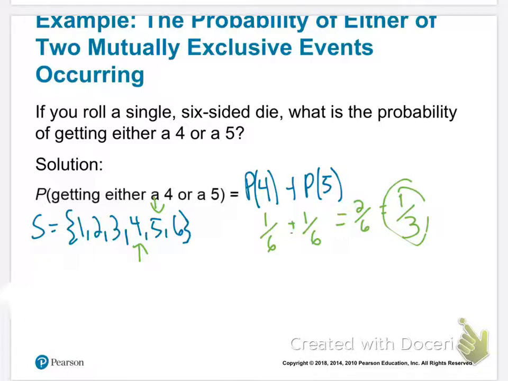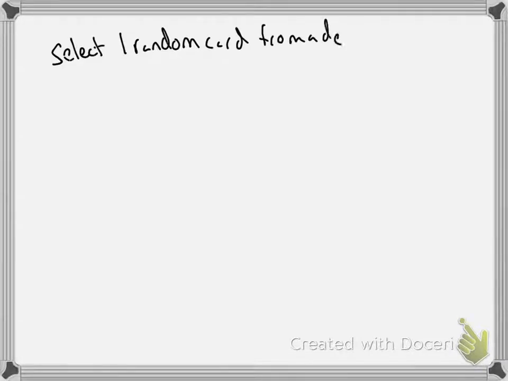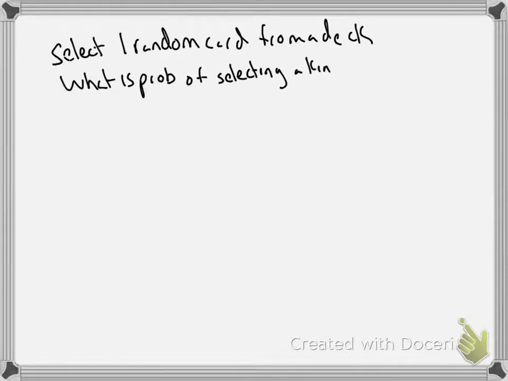Now you try it yourself. I'm going to just erase this. We'll write at the top: if one card is randomly selected, select one random card from a deck, what is the probability of selecting a king or a queen?